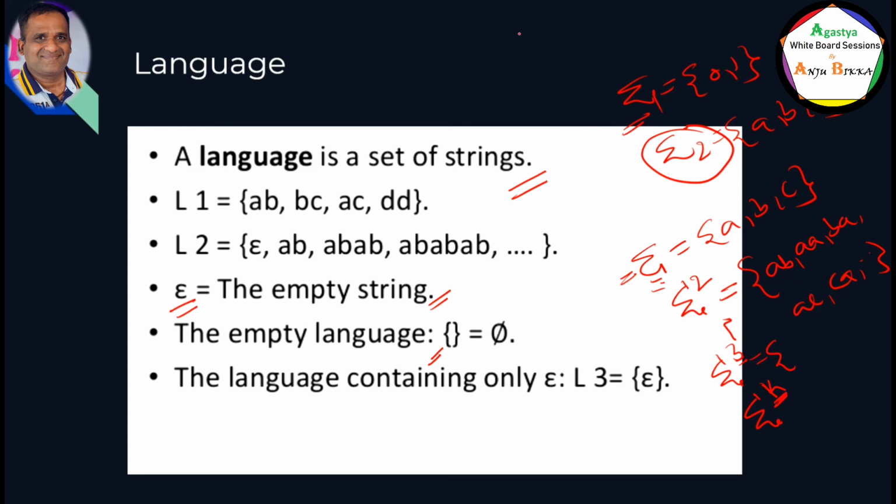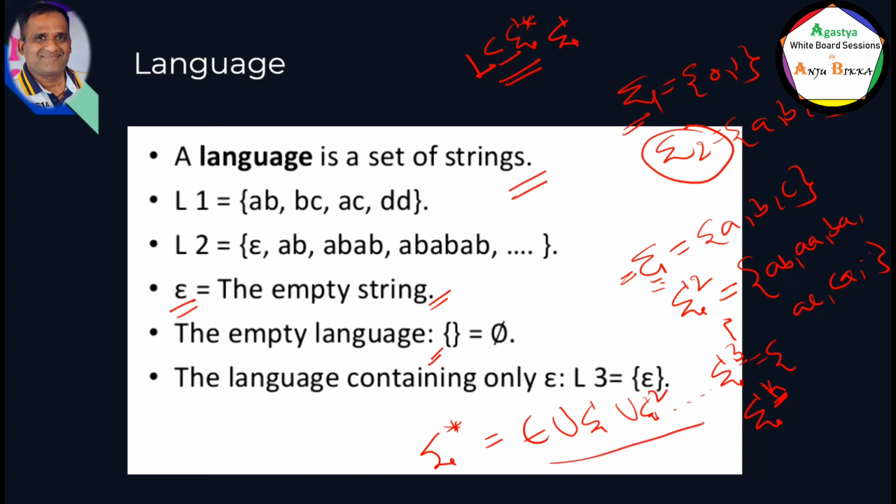Now when we say a language L over sigma, it is a subset of sigma power star. What is sigma power star? Sigma power star equals epsilon union sigma union sigma power 2, and so on.